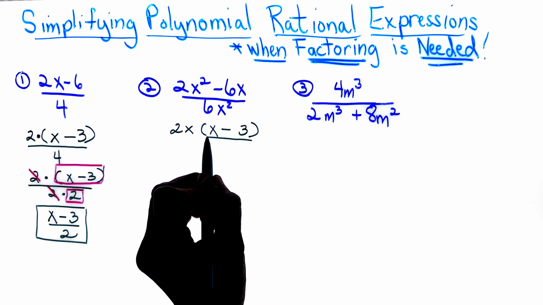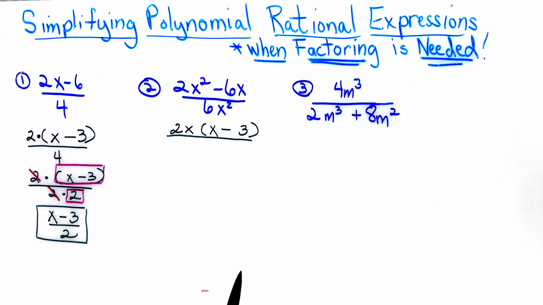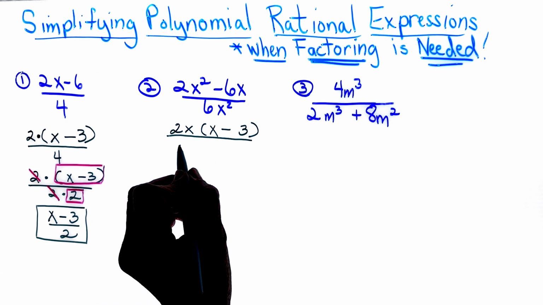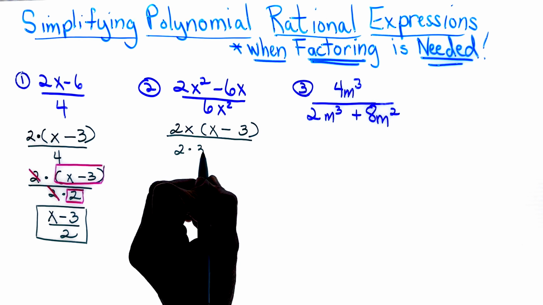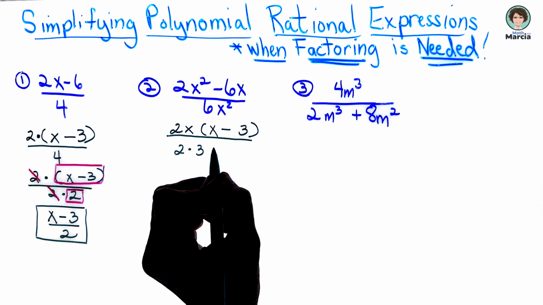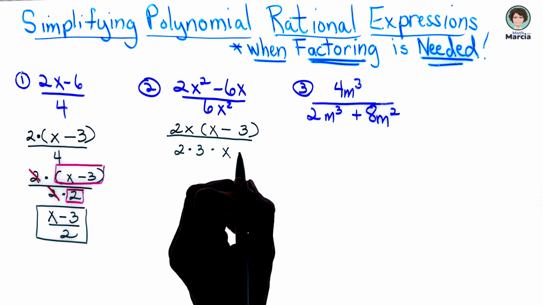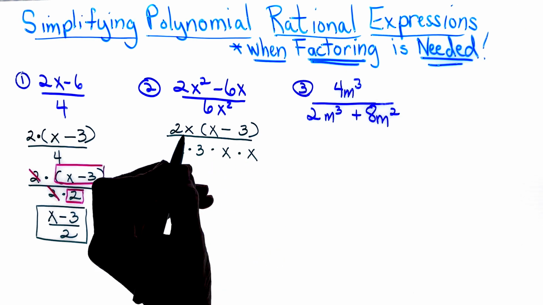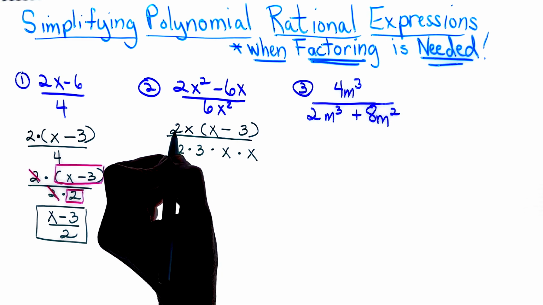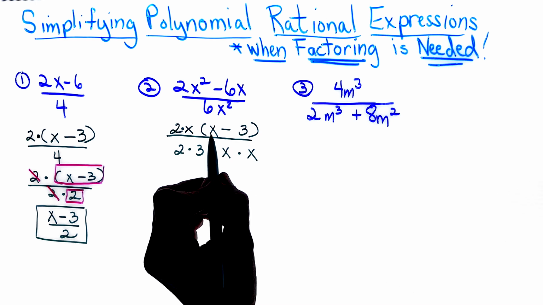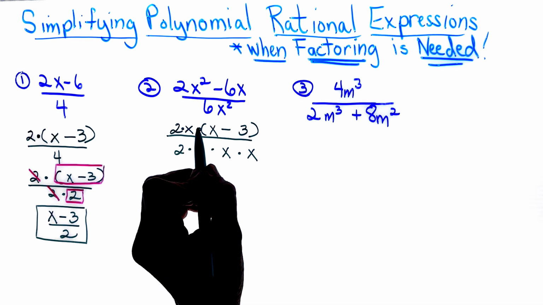For my denominator, I'm going to break my 6 up into a 2 times 3. And then I'm going to break my x squared into x times x. So remember, up here, since these are beside each other, this is being multiplied. When x is outside of the parentheses, it's being multiplied.